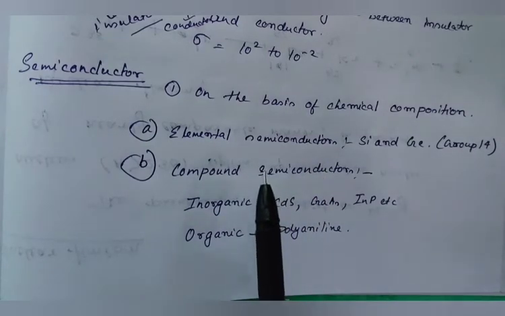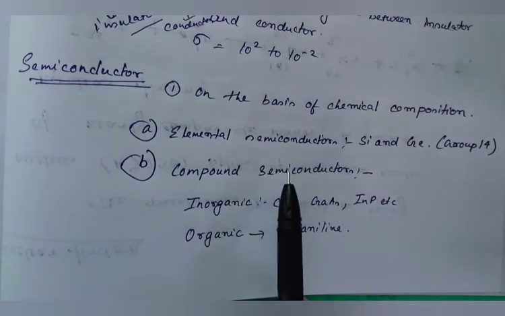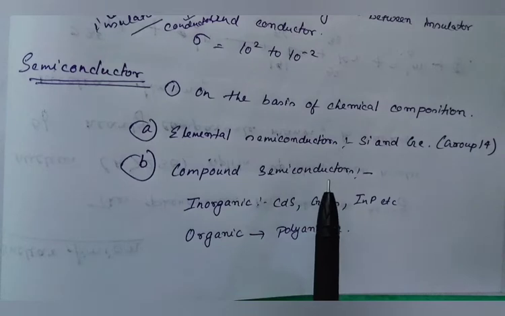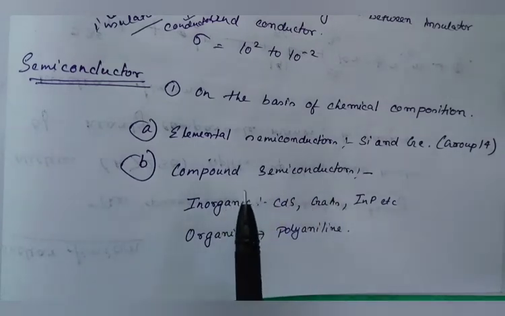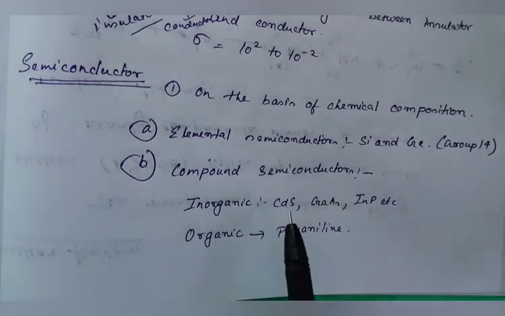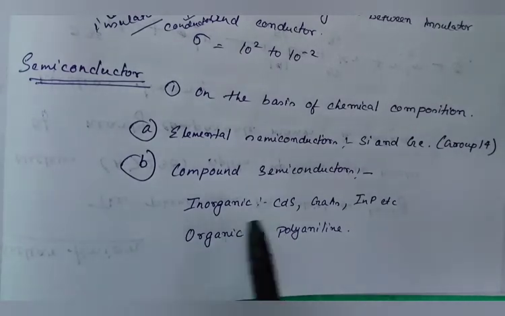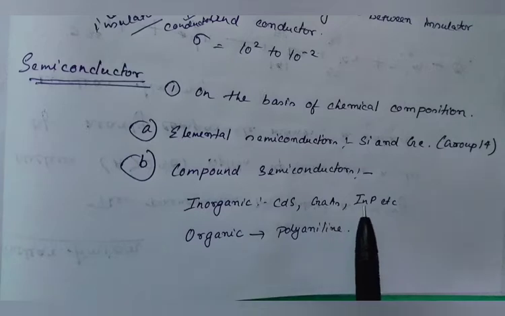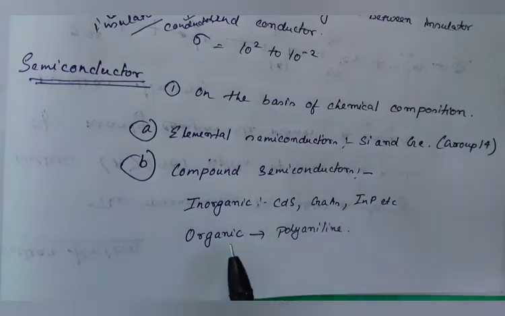If they are made with two elements, they are called compound semiconductor, in which they are further classified into two types. One is inorganic and another is organic. Inorganic, like CdS, gallium arsenide, indium phosphide, etc. And in organic, it is polyaniline.